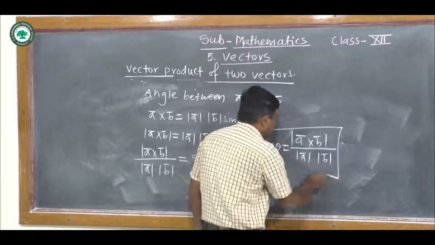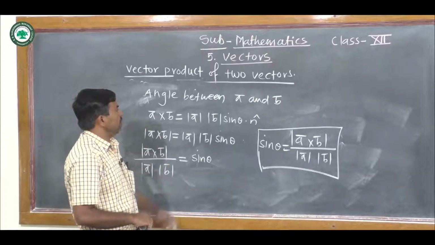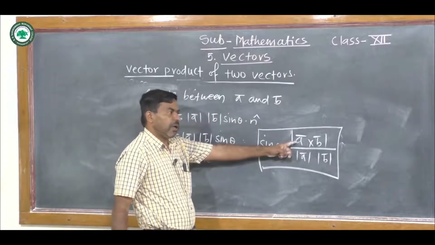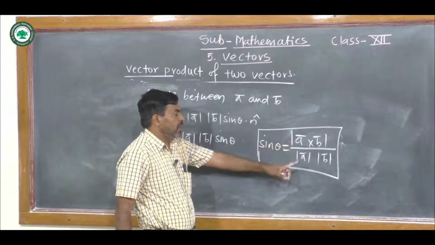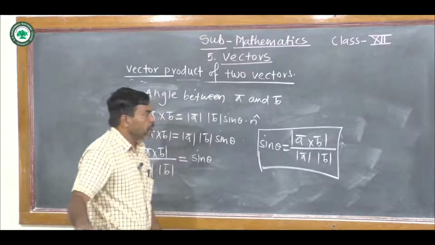This formula gives us the angle between two vectors A bar and B bar. So sine theta is equal to magnitude of vector A bar cross B bar divided by magnitude of vector A into magnitude of vector B.